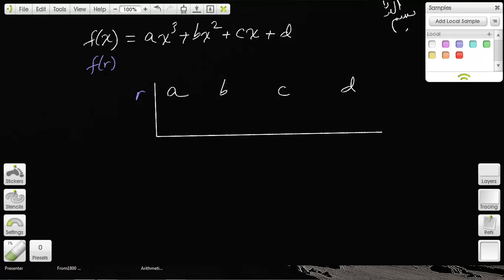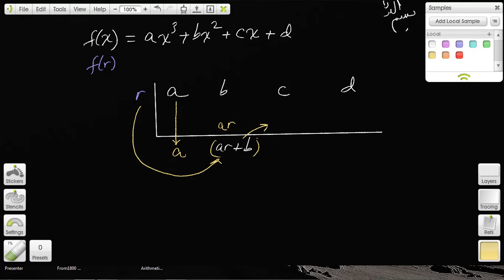So again, I bring down the a, and then multiply a and r, and put that over here, ar, and I would get ar plus b. Then I would take this quantity and multiply that by r, and put that over here after I multiply it.